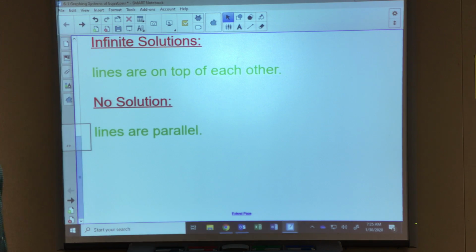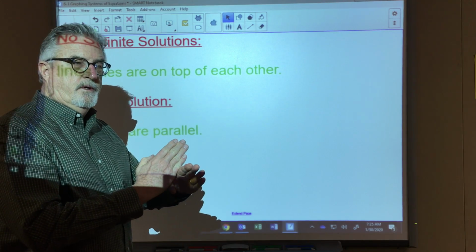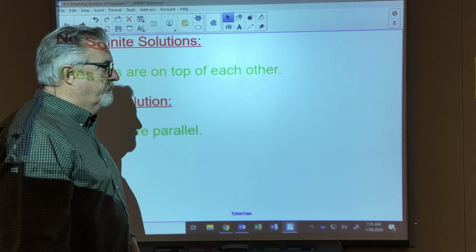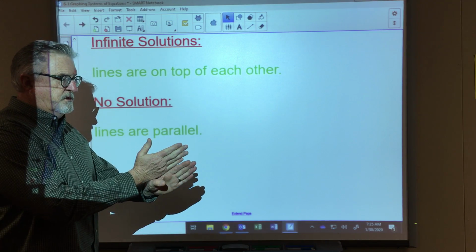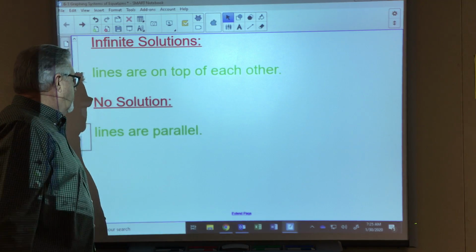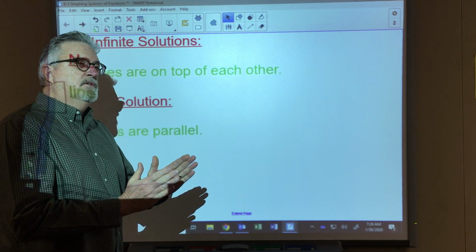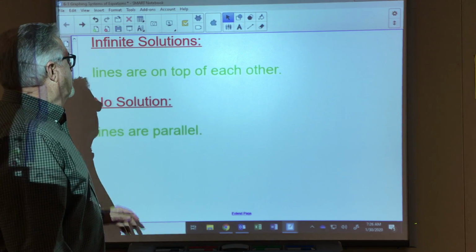So a no solution is when there are parallel lines. One solution, the lines intersect at one particular point. Infinite solution, it's basically the same line. The lines lay on top of each other. No solution is when you graph those equations and they are parallel lines. They will never intersect. Okay?